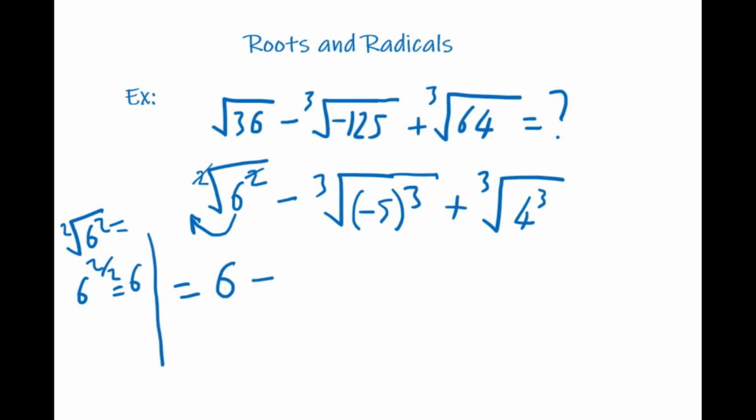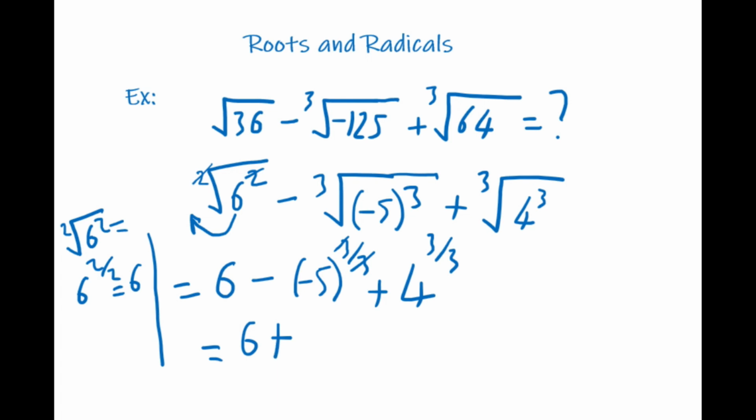Anyway, this is 6 minus, this is going to be negative 5 to the power of 3 divided by 3 plus 4 to the power of 3 divided by 3. So it's going to be 6 minus, these are gone, so it's going to be negative 5 to the power of 1, but there is also a negative in front of it, so negative times negative is going to be plus. So 6 plus 5 plus, these 3's are gone, so we have another 4 here, and if you add 6 by 5 and then by 4, we're going to have 15.